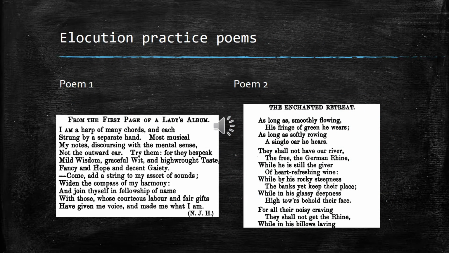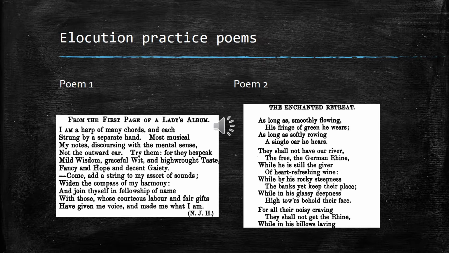Elocution practice poems. Poem 1. I am a harp of many chords, and each strung by a separate hand. Most musical my notes, discoursing with the mental sense, not the outward ear.